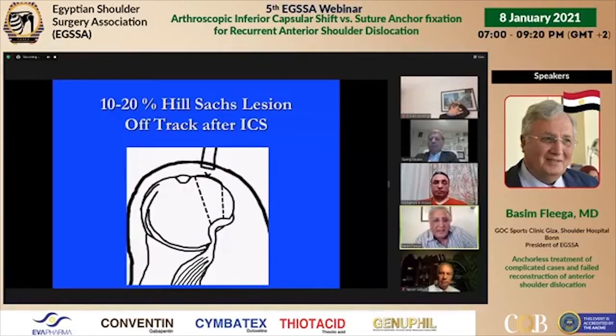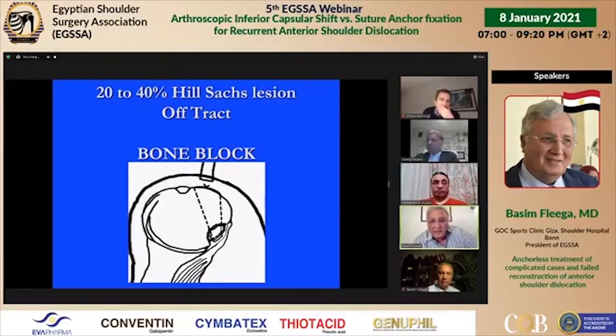In Hill-Sachs lesions of more than 10%, we did the remplissage, but recently the patients have problems with that, and we try as much as possible not to use it by making a solid anterior capsular reconstruction.